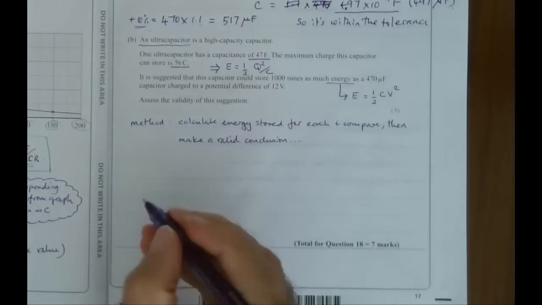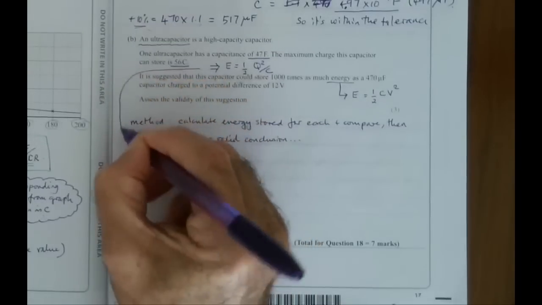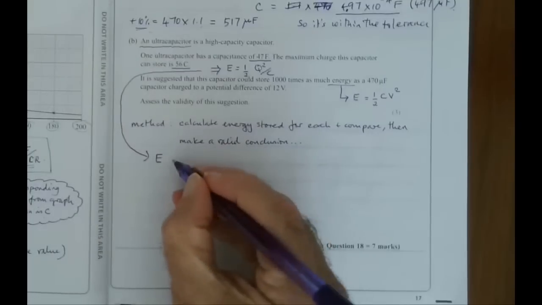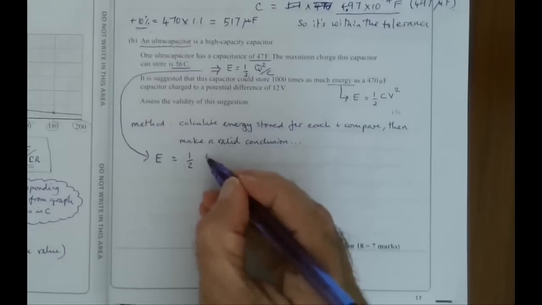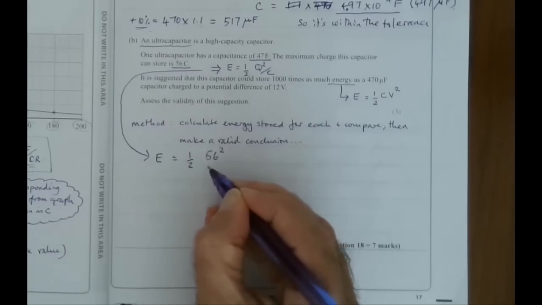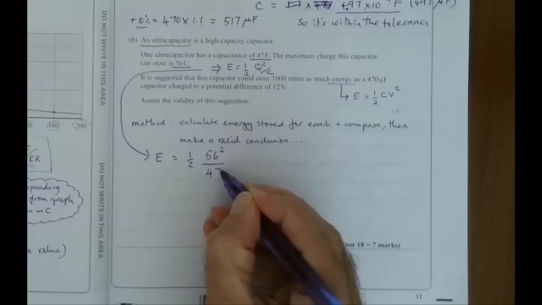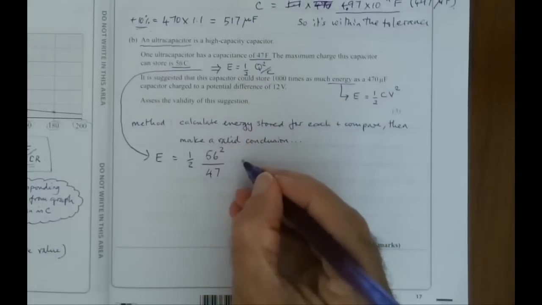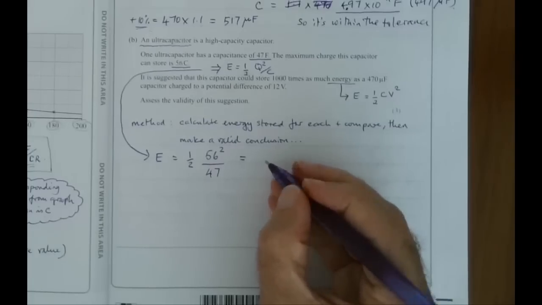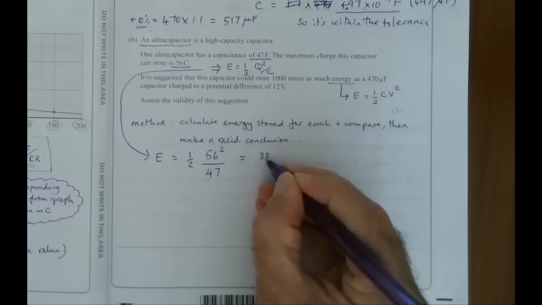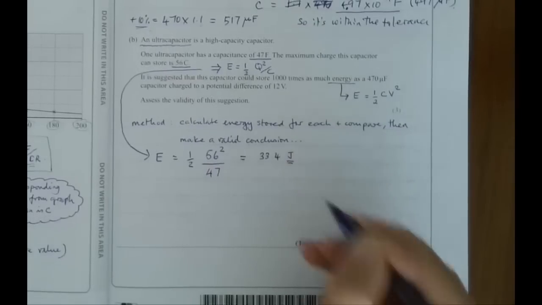So when you put the answers in, remember that for the first one, the energy will be equal to half Q squared over C, well the Q is 56, so it's 56 squared, divided by 47, and there's no micro, remember that. Once you put those values in, you should get, according to my calculations, 33.4 joules. Don't forget to put your units in.